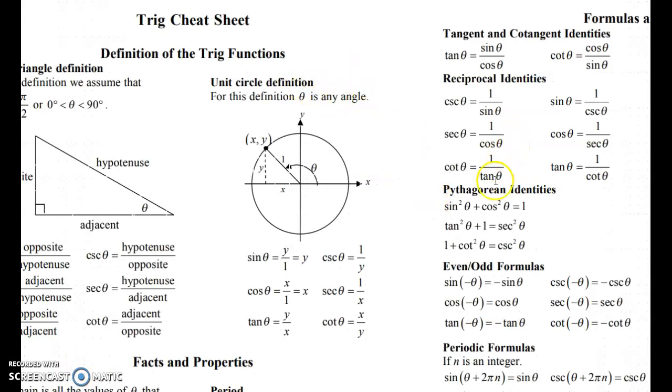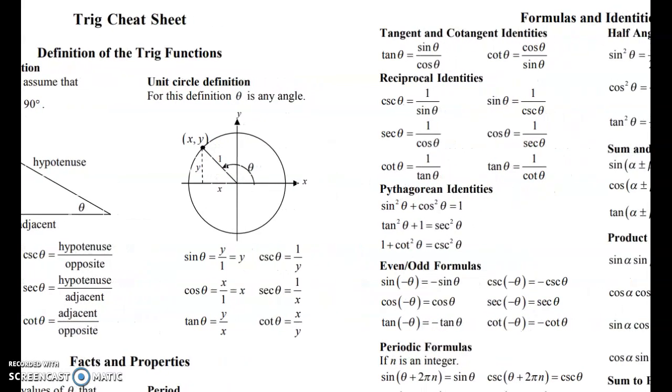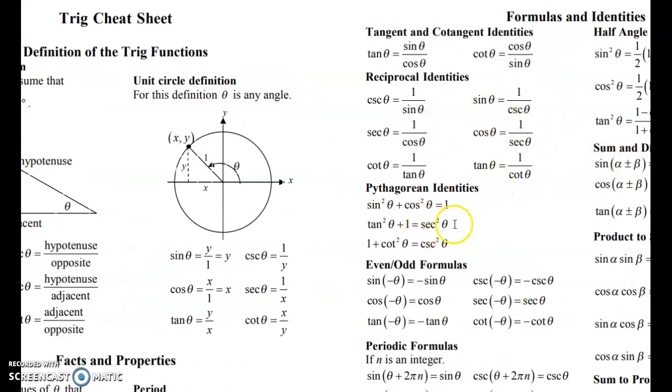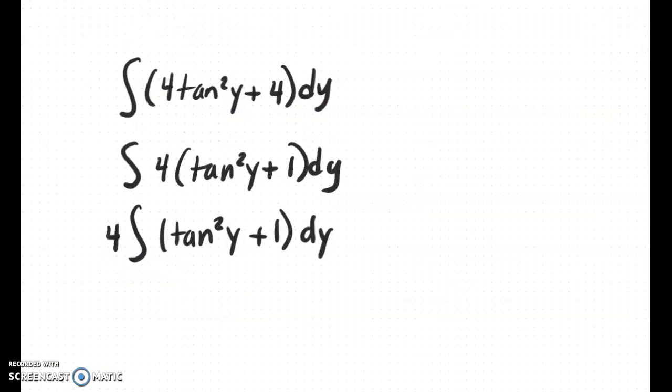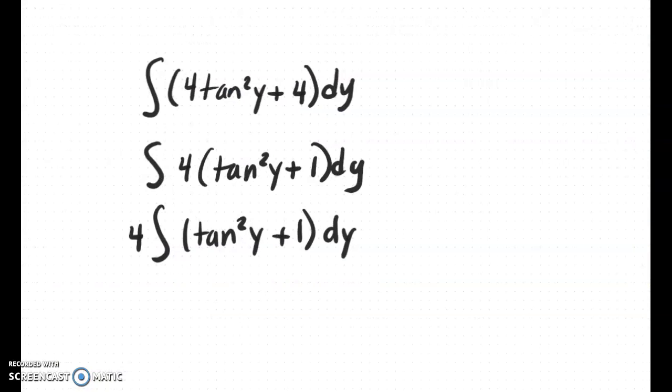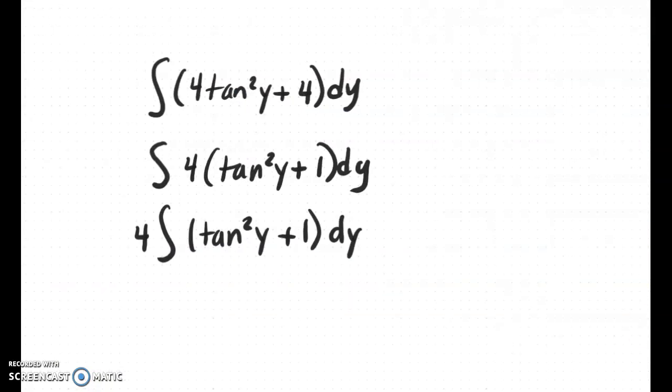So we want to be familiar with some of these trig identities so that we can switch things around in calculus. There's quite a few listed here. The ones I'm going to be looking at, when you have squared terms, are usually the Pythagorean identities. Sometimes if you have double angles, there are double angle identities you'd want to reference.